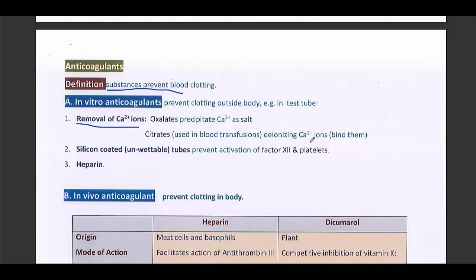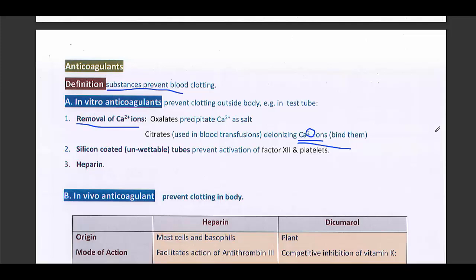Citrate works by deionizing calcium ion. We said before, calcium is essential for clot formation. Now these are important details: the calcium that shares in clot formation must be ionized, must be Ca 2+.